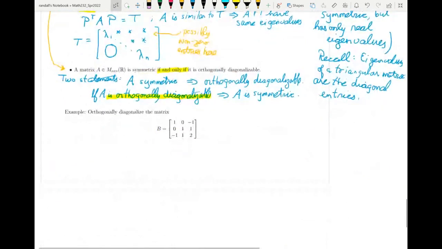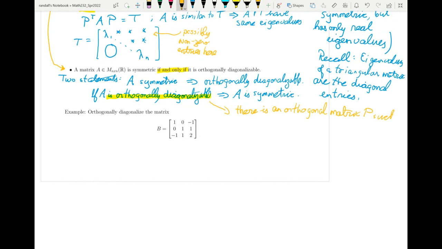It means that there is an orthogonal matrix P such that P^T A P equals D. So that's what the sentence, A is orthogonally diagonalizable, means. It means this mathematical equation with these three matrices. So remember that.